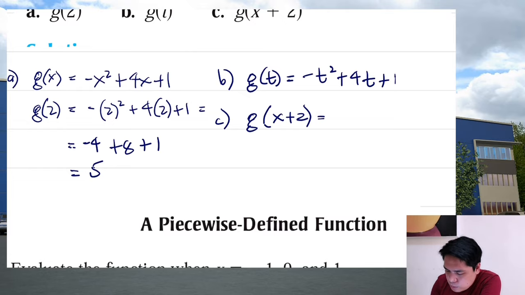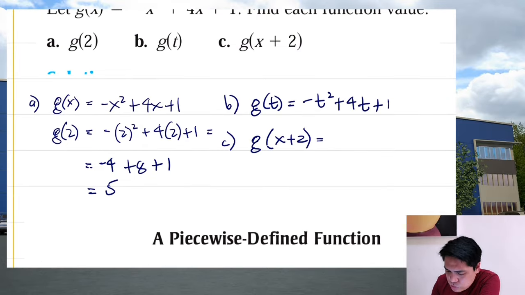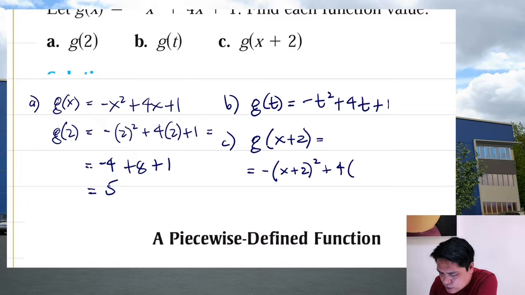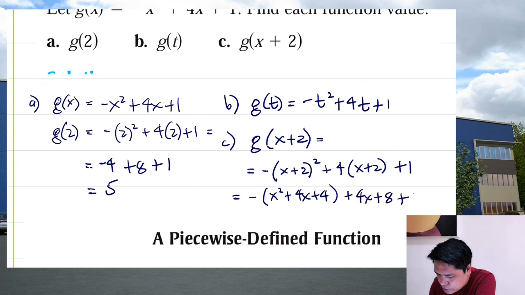Okay, so if we replace x with x plus 2, that would become negative, so our x becomes x plus 2 squared plus 4 times x plus 2 plus 1. Then we need to simplify. So, expand this, x squared plus 4x plus 4 plus 4x plus 8 plus 1. So that would become negative x squared minus 4x minus 4 plus 4x plus 8 plus 1.